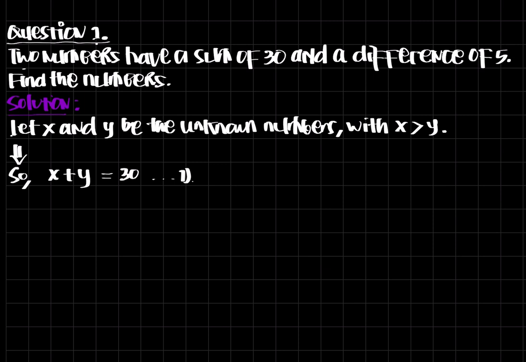So when you subtract, x minus y equals 5. So that's going to be the second equation. Remember, this represents the sum, and this represents the difference, or it means subtract.